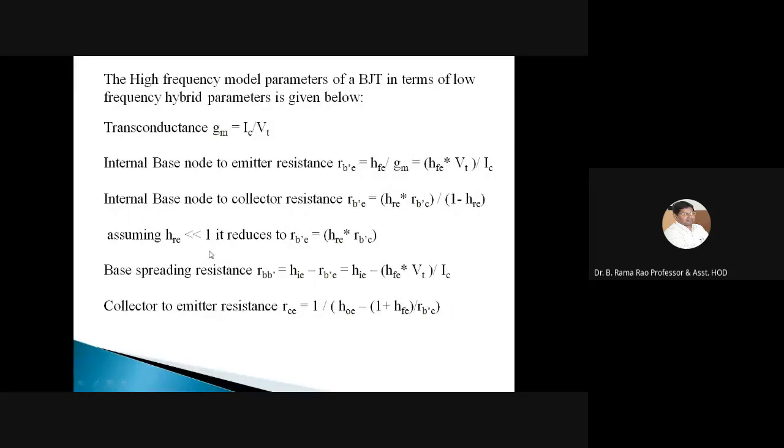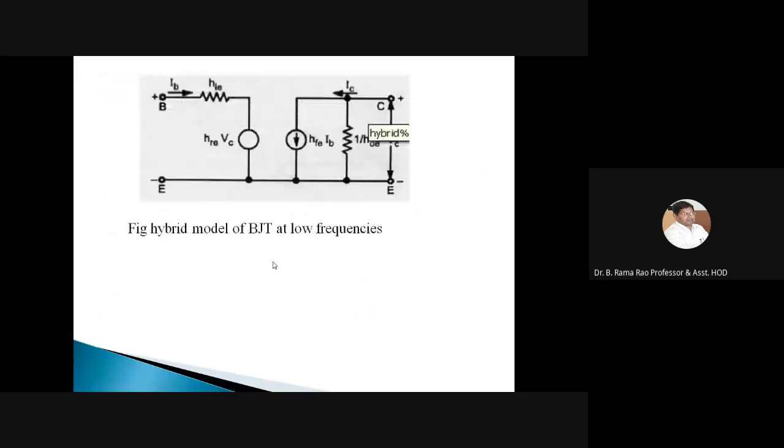By assuming the value of HRE is very less than 1, we can reduce this equation to RB dash C equal to HRE into RB dash C. The base spreading resistance RBB dash we have already found.